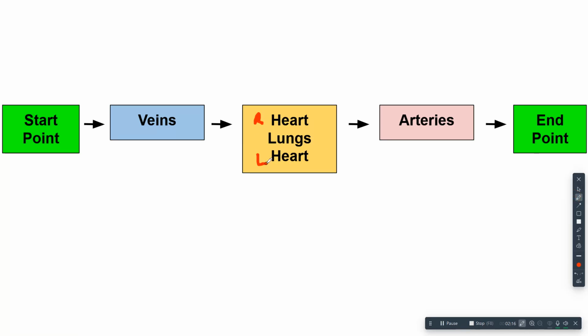So always veins, right side of the heart, lungs, left side of the heart. Then from the left side of the heart, we always take arteries to our end point. So no matter what the start point, no matter what the stop point, this is the way we answer the question.